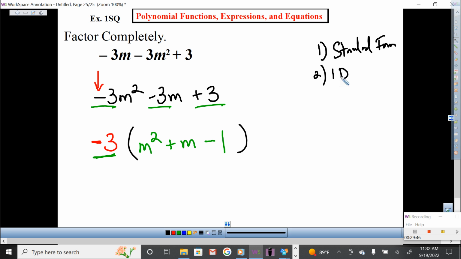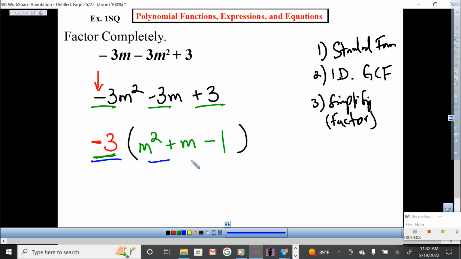So we write ID, which means identify, GCF. And our last step is to simplify. And I'm going to write in parentheses, factor. Because at the end we end up with what? Factors. This one is a factor, and this one is a factor. How many factors do we have here?